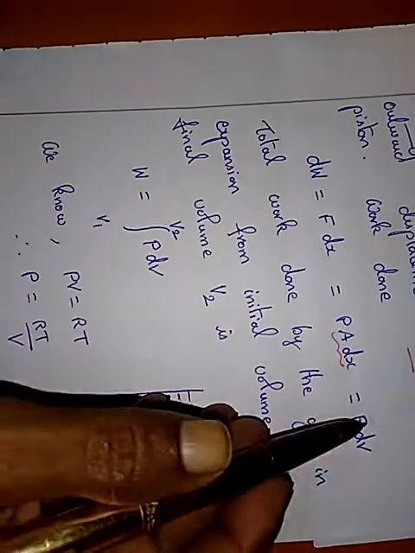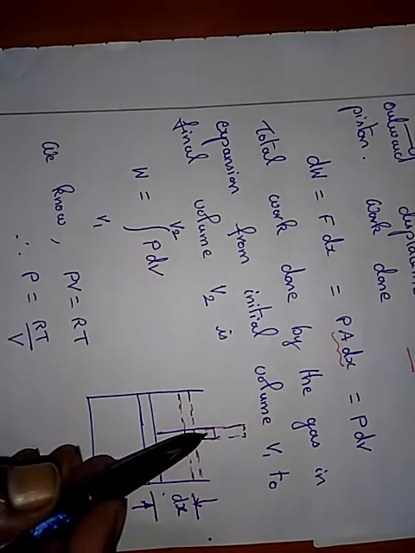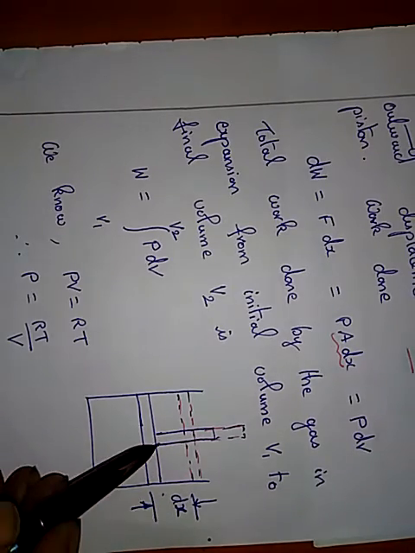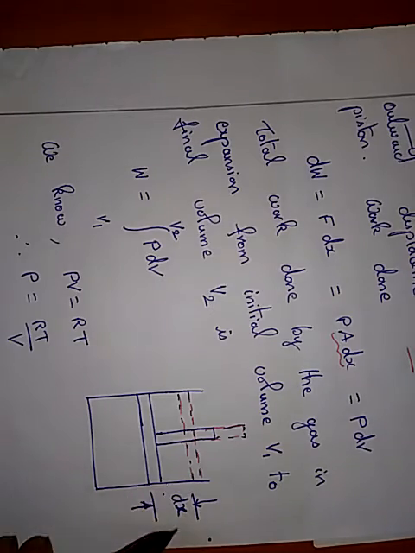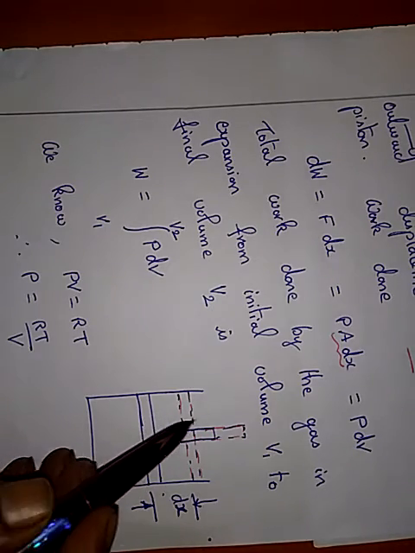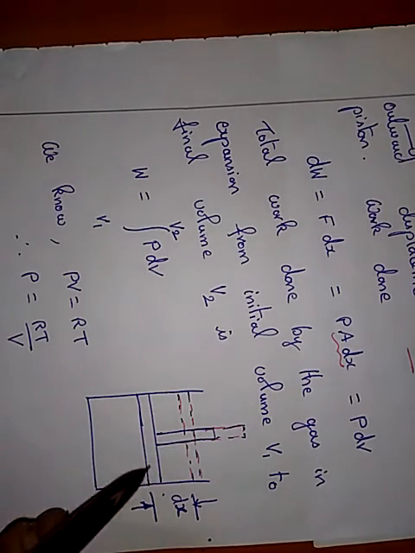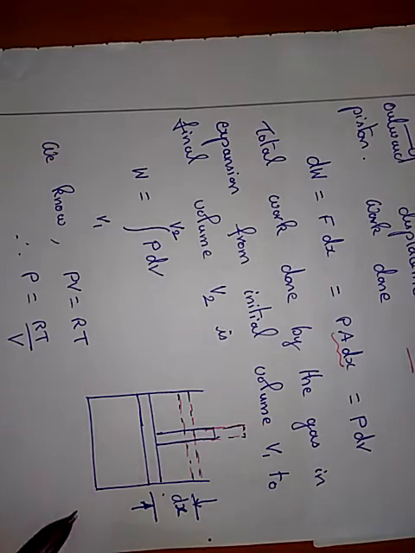That means this equation we are integrating both sides. So this is the piston in the initial blue color and it is moved upward. A small displacement occurs which is dx. So since pressure is decreased, the volume is increased. That's what we saw just before.